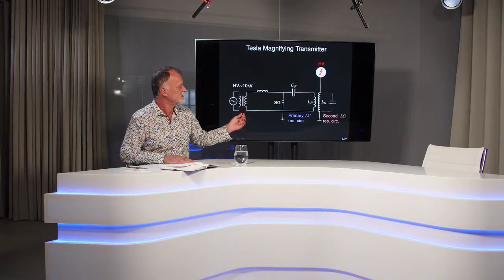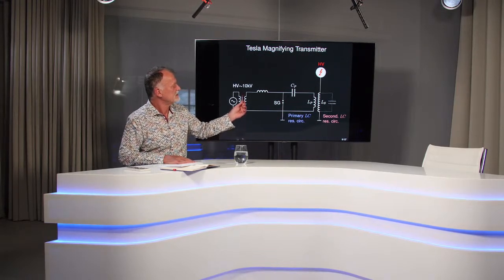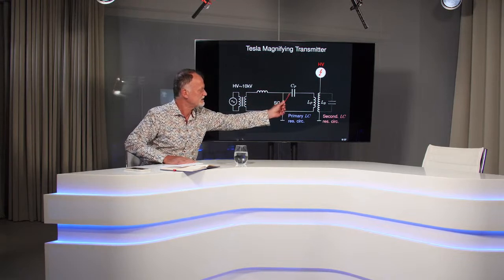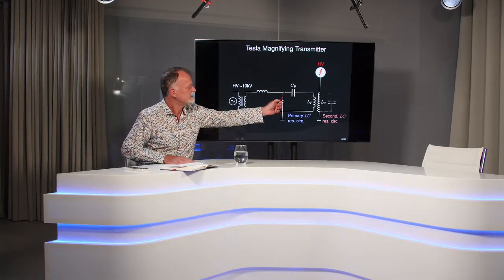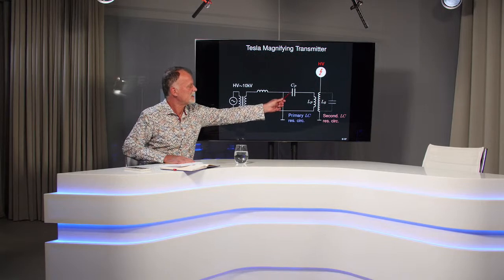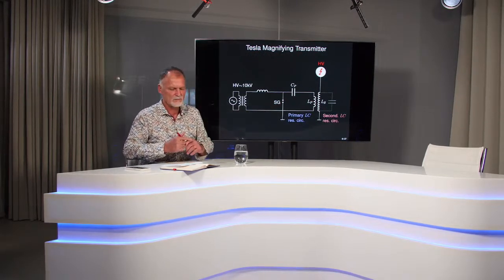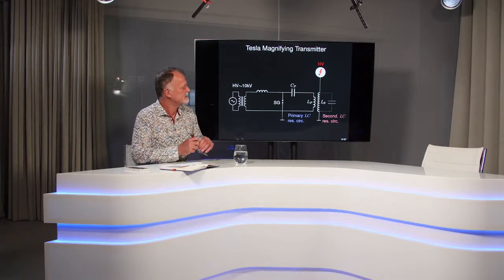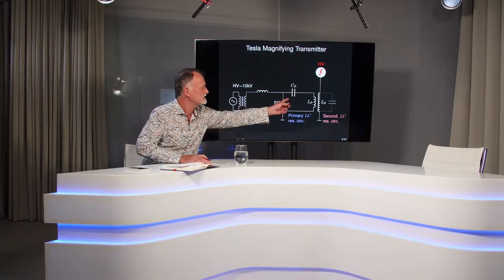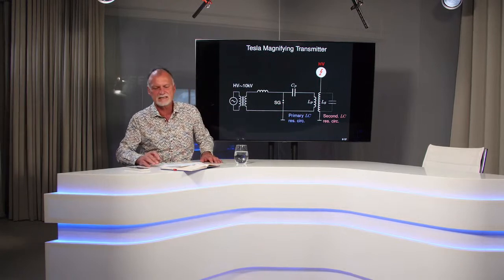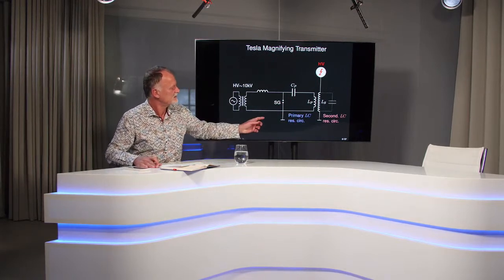The idea is that whenever the transformer starts to charge the capacitor here, at the moment the capacitor reaches the high voltage, right, the sparking gap gets shorted, and it forms the separated primary LC resonating circuit.